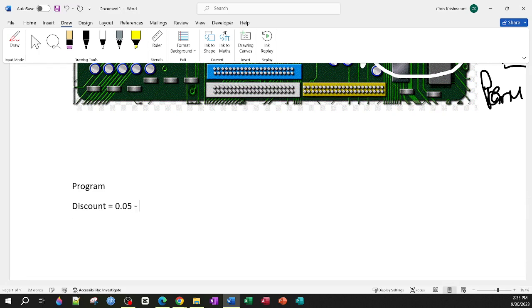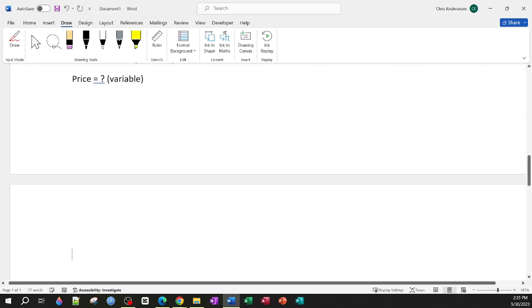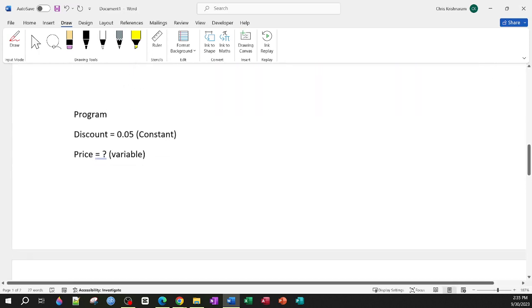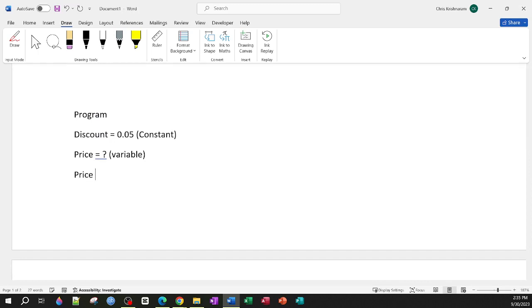I'll put this side here. Constant, and we have price, which we would not know the value of because it's a variable. So say for instance, we do a calculation, we say price multiplied by discount. Remember, the price could be anything.